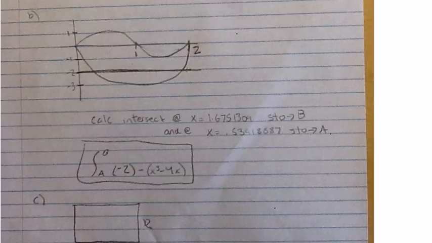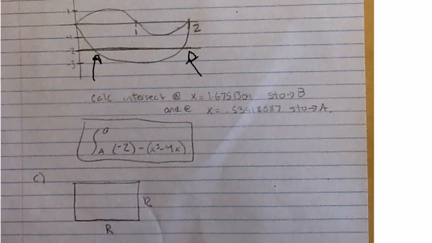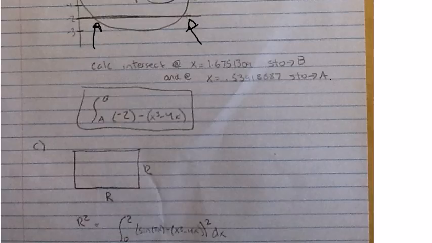A is the first and B is the second. Right there is A and right there is B. So now, to find the area of that part, it's the integral from A to B of -2 minus (x cubed minus 4x).